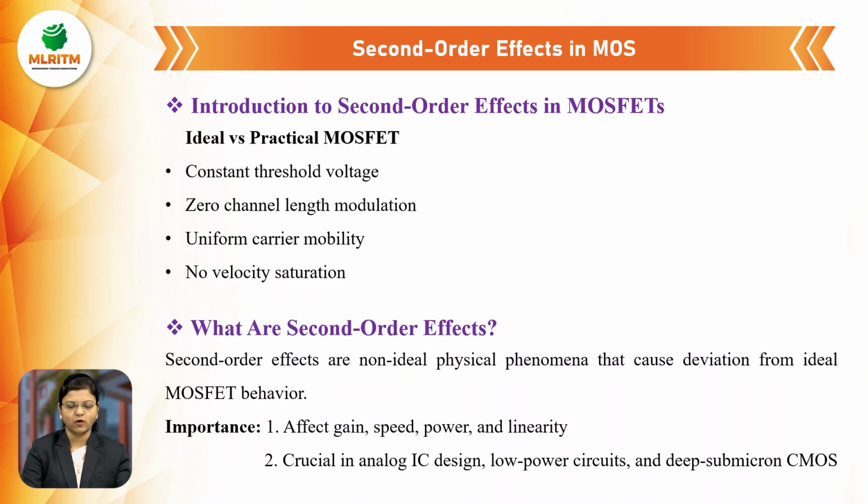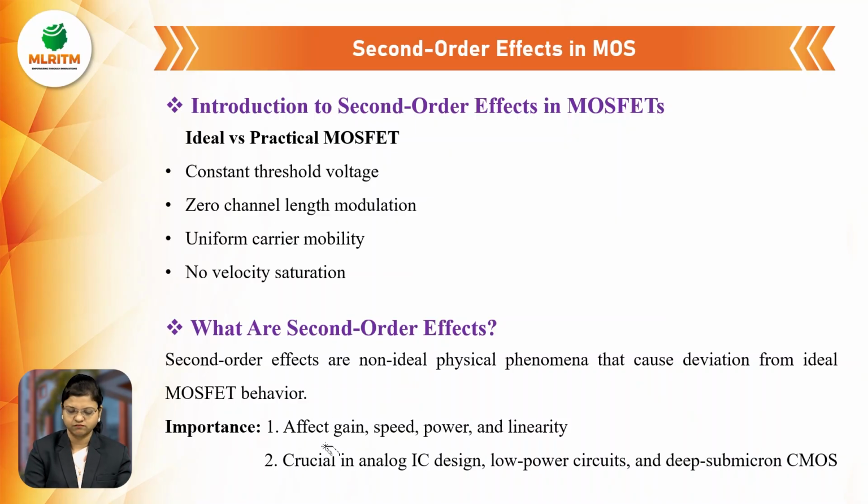Now, what is the importance of these second order effects on the MOSFET? They affect the gain of the circuit, the gain of the MOSFET. Gain is the ratio of output quantity to input, so for voltage gain it is output voltage upon input voltage.